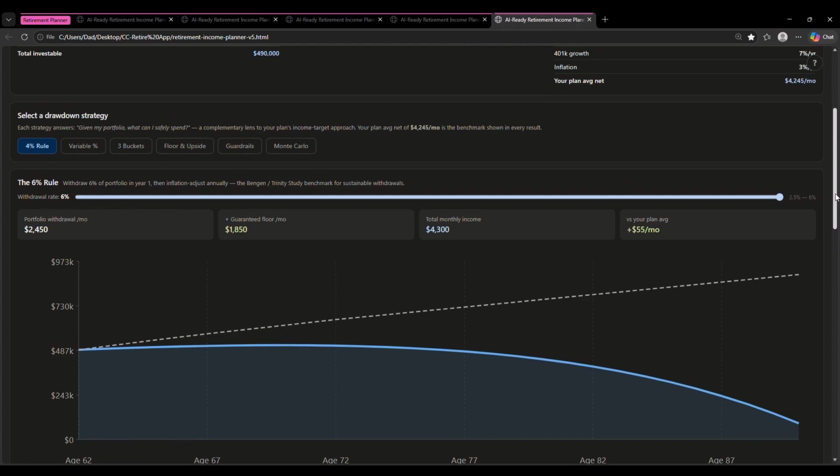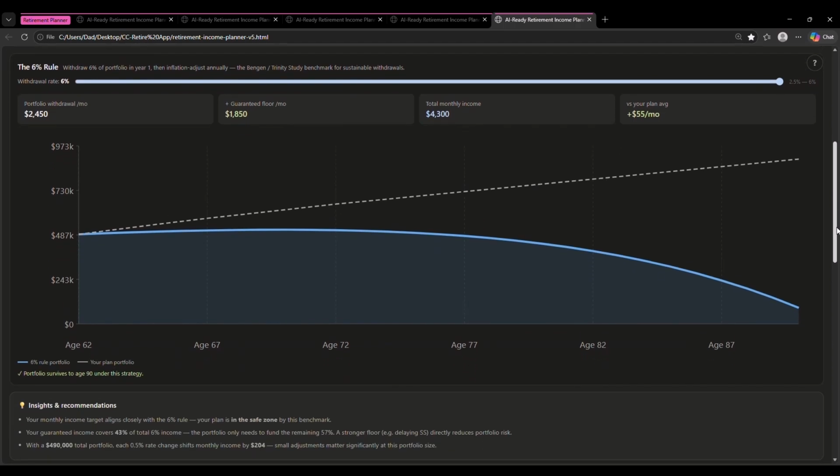A lot of people feel comfortable with the 6% rule. So if you're happy with the 6% rule, this is kind of confirming to us that that strategy would work for you. Your monthly income target aligns closely with the 6% rule. Your plan is in the safe zone by this benchmark.